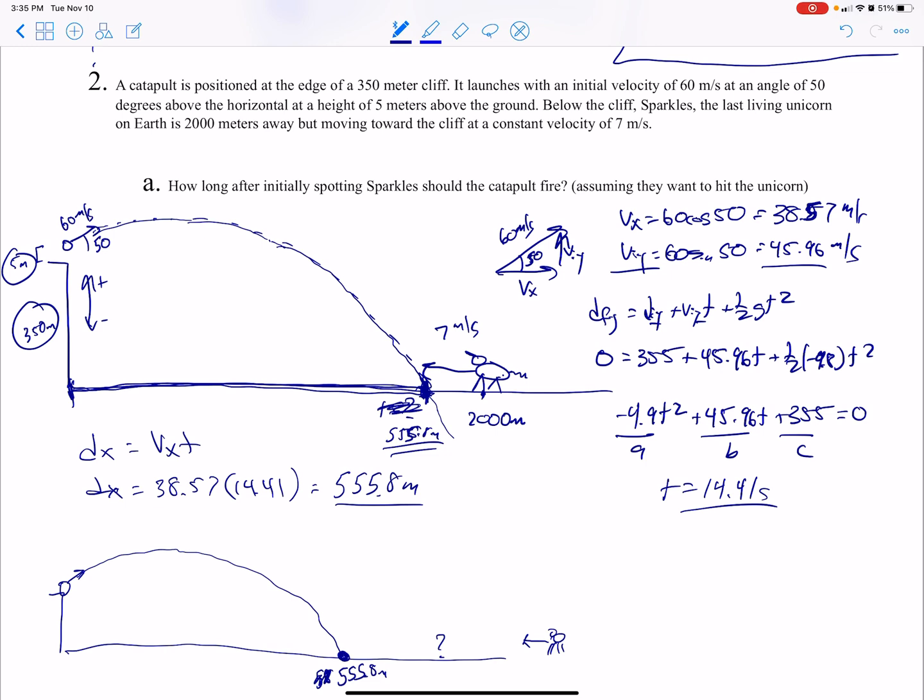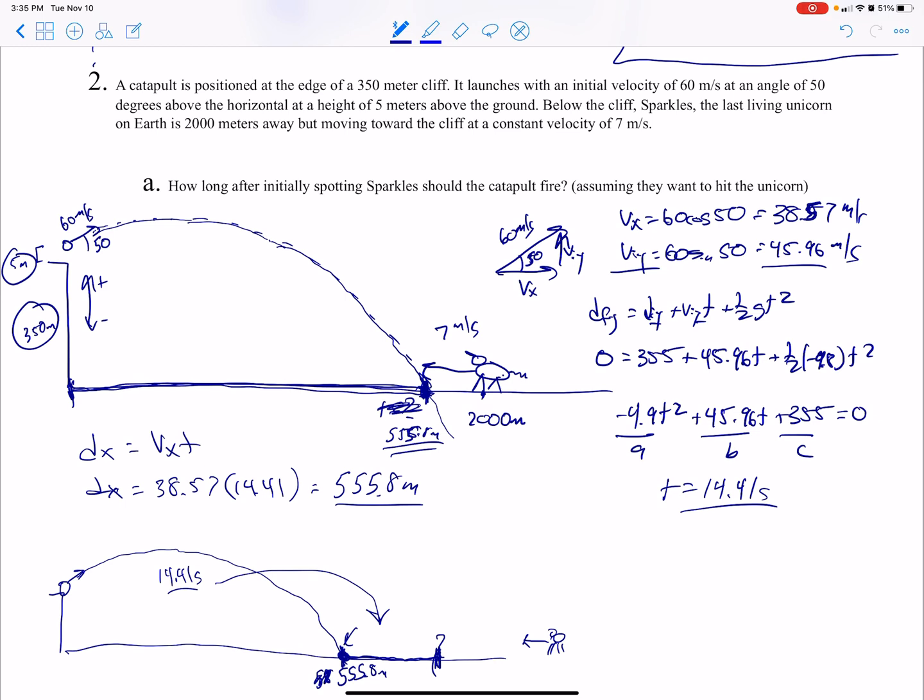But this flight time is 14.41 seconds. So how far ahead does the unicorn have to be so that 14.41 seconds later, it's right there where it should be, right? So how far can the unicorn travel in 14.41 seconds while this boulder's in the air?